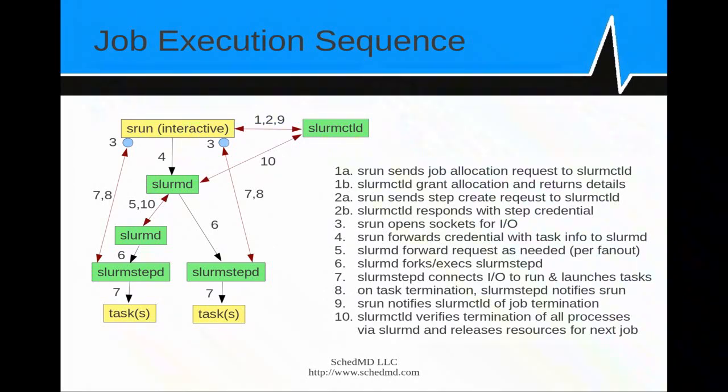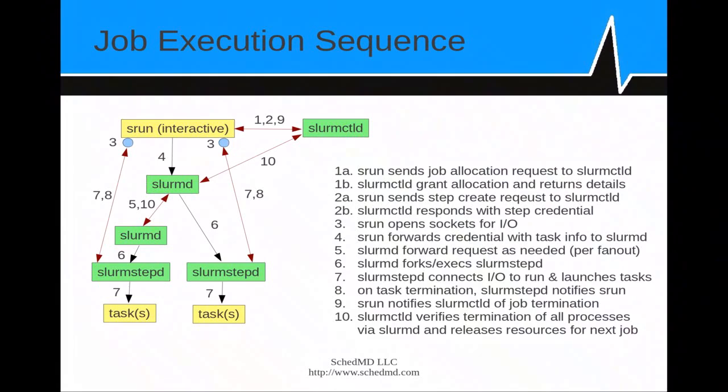When the job completes execution, the tasks complete, the Slurm stepd notifies the srun program over those sockets, and the srun notifies the Slurm control daemon of the job termination, and the Slurm control daemon then talks to the slurmds to make sure all the processes have terminated.